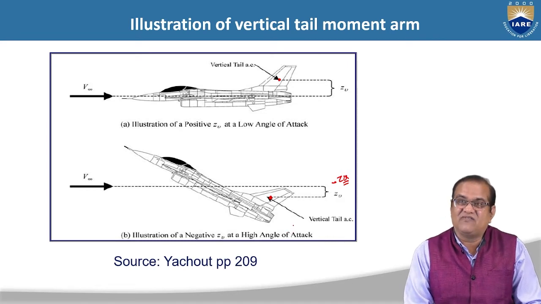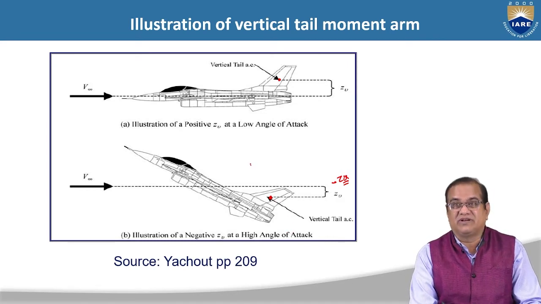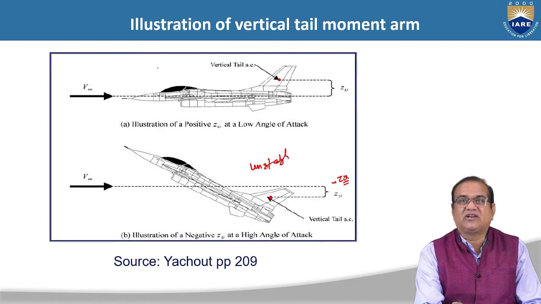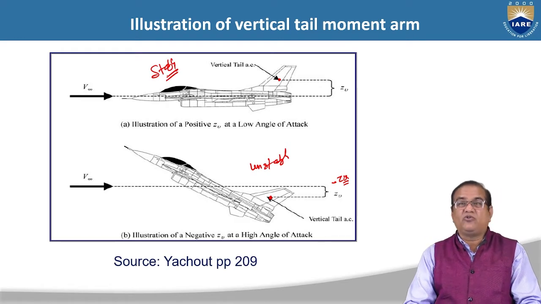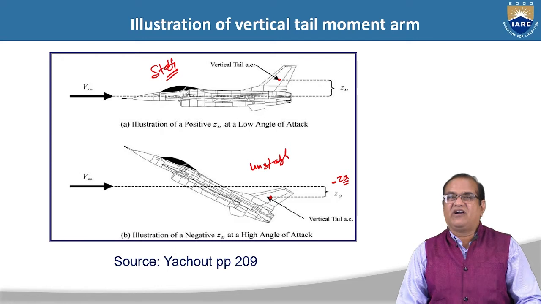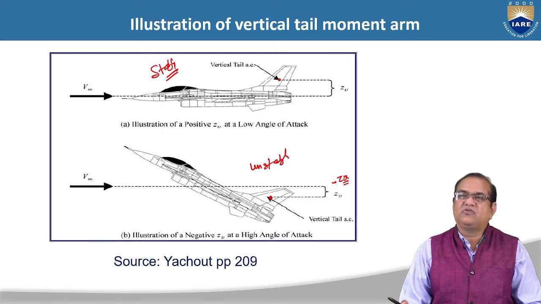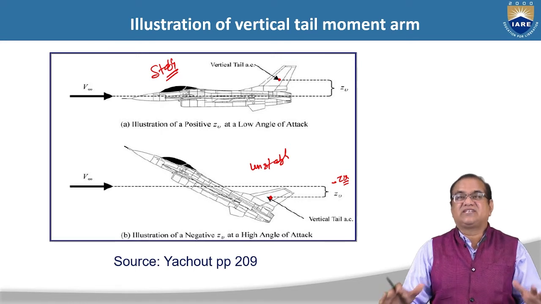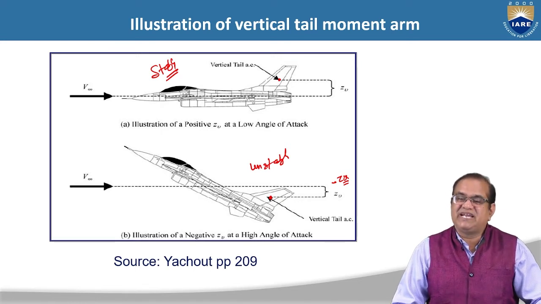So at higher angle of attack, this will be unstable, and at low angle of attack, this case is stable. So we have to consider the location of the AC, and accordingly see that the aircraft is behaving properly and the stability of the aircraft is maintained as per the required standard.